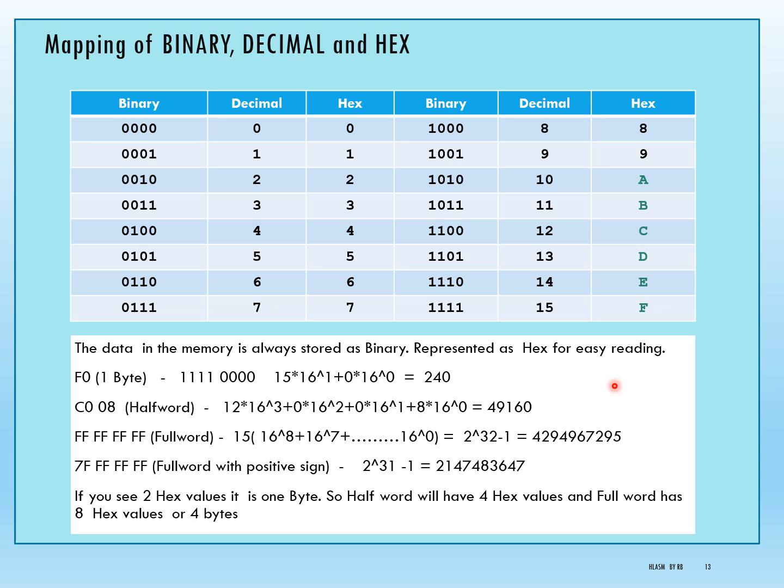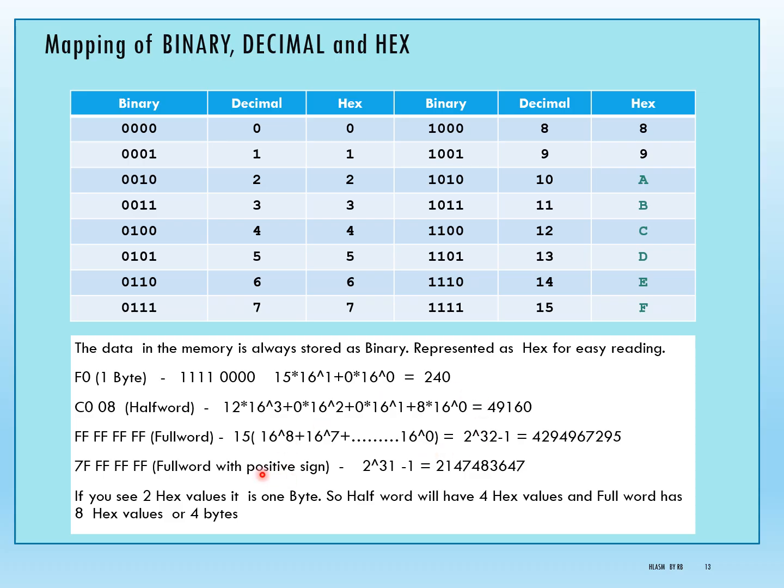Similarly, you have a full word, which is FF and so on. 8 Fs you have. The value is 16 to the power of 8 minus 1, whatever that value is. This is the value if it is a full word and if it is unsigned. Similarly, the same full word with a positive sign: if there is a sign, it works a little differently.